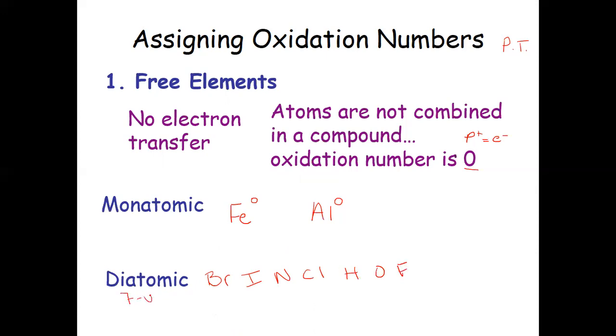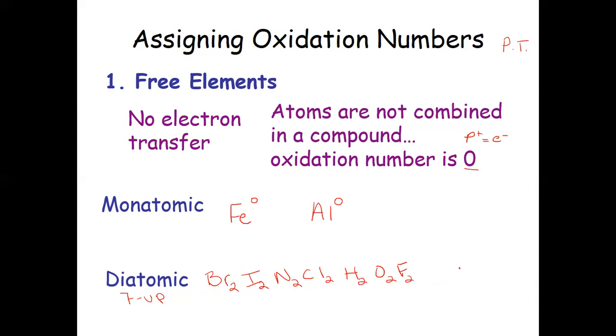They form the number 7 using group 17 and then group 15, 16, 17, nitrogen, oxygen, fluorine, and then down to iodine, and then up is our hydrogen up at the top. These exist bonded together. So Br2, I2, Cl2, H2, O2, and F2.